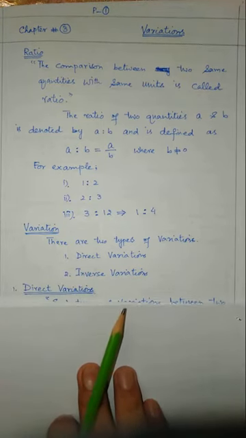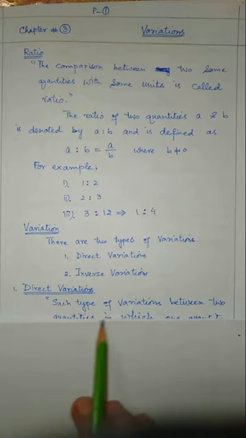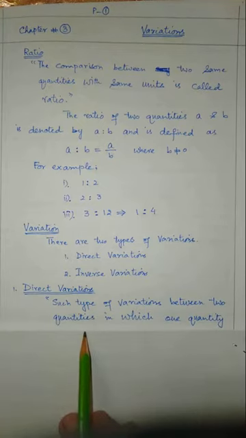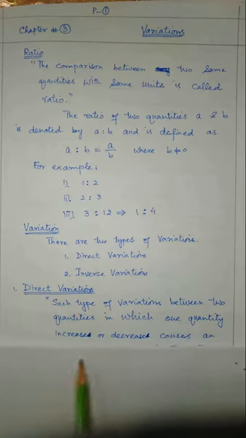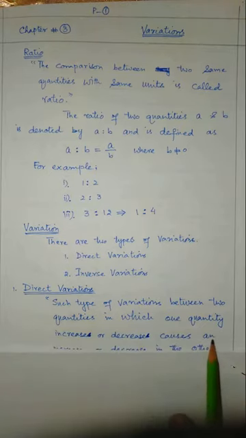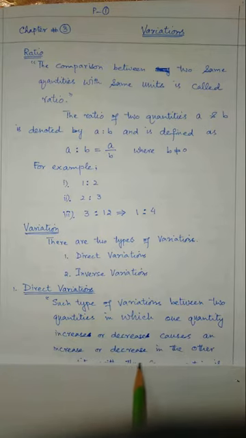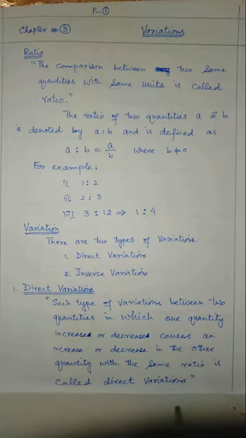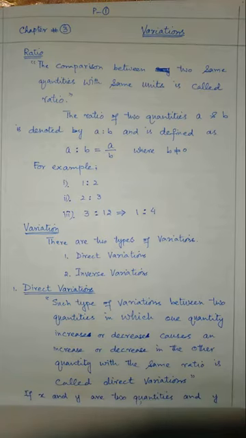What is direct variation? Such type of variation between two quantities in which one quantity's increase or decrease causes an increase or decrease in the other quantity with the same ratio is called direct variation or direct proportional.